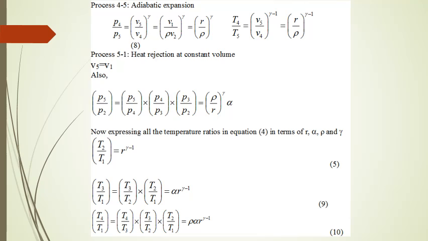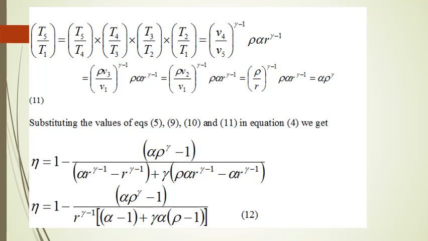Now expressing all the temperature ratios in equation 4 in terms of R, alpha, gamma and rho, what we get is T2 upon T1 is equal to R raised to power gamma minus 1, T3 upon T1 is equal to alpha into R raised to power gamma minus 1, T4 upon T1 becomes rho into alpha into R raised to power gamma minus 1, and T5 upon T1 becomes equal to alpha into R raised to power gamma.